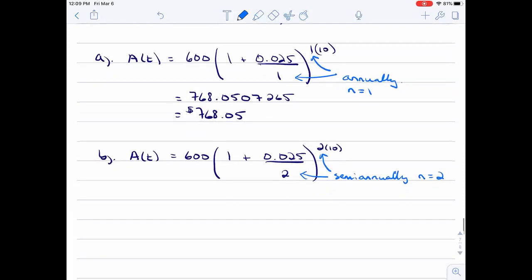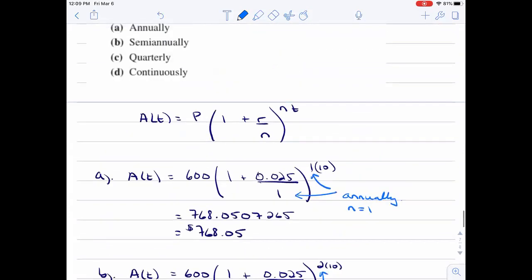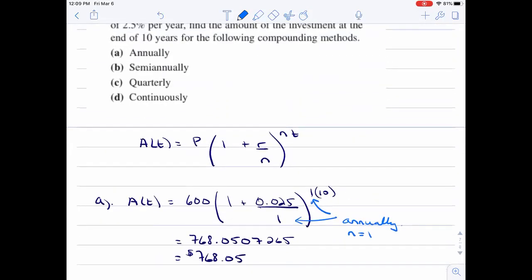Because we want to do annually, and then quarterly is going to be 4 times per year.